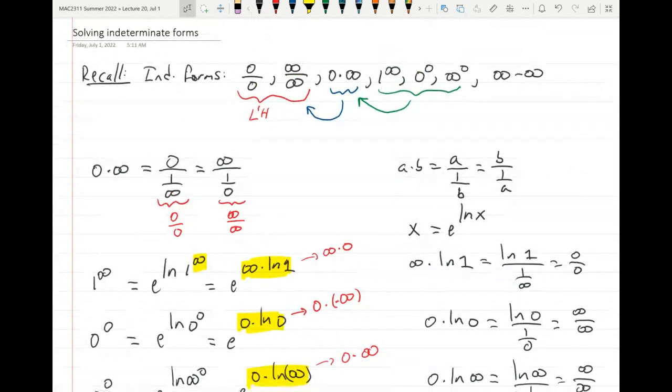And then we have the last one, the infinity minus infinity. This one is on its own. So what you do here is you go ahead and you subtract. These are two expressions, so the idea is that you're going to subtract the two expressions.